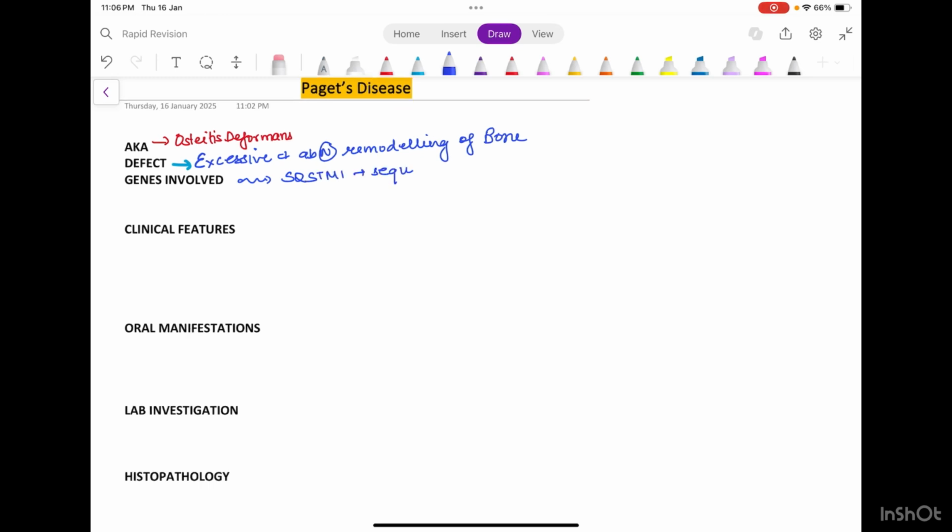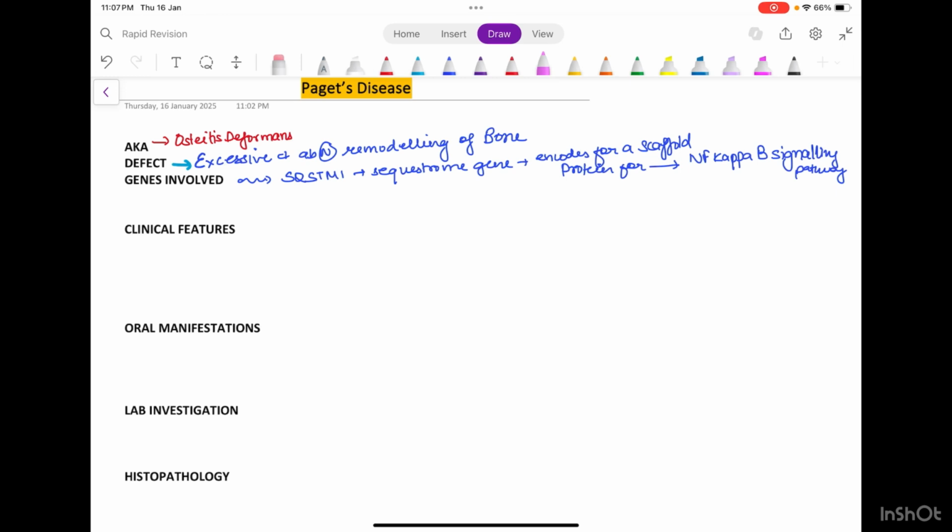All right, the genes that are involved: SQSTM1. This is called the sequestosome gene. It basically encodes for a scaffold protein for the NF kappa B signaling pathway.